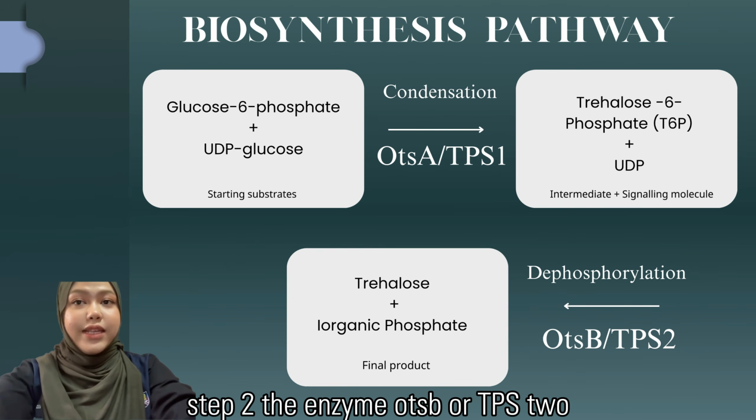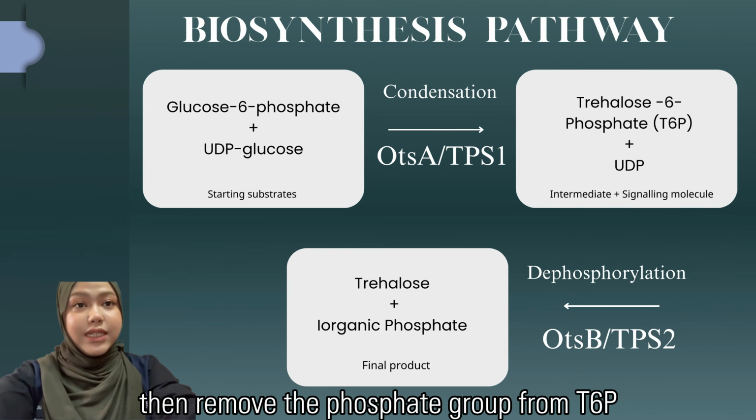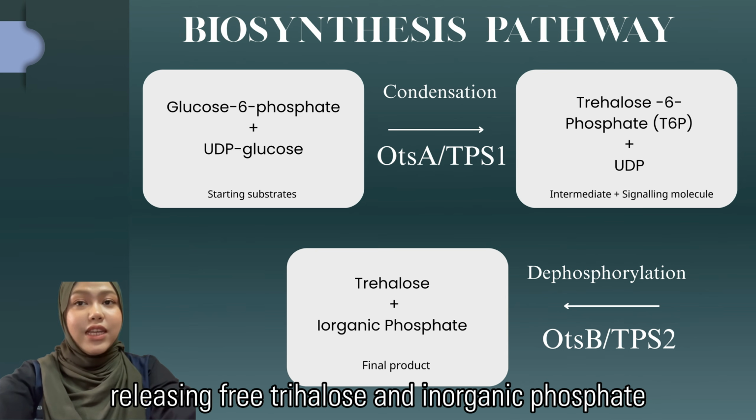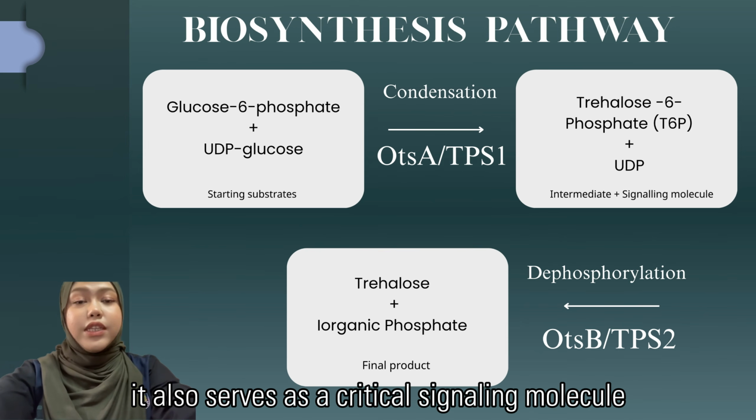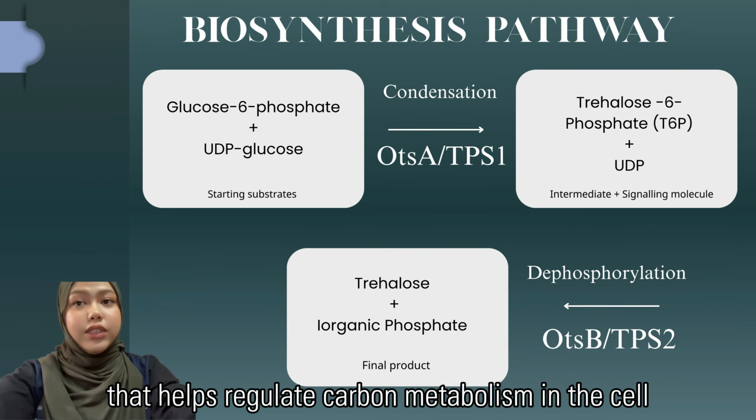Step 2, the enzyme OtsB, or TPS2, then removes the phosphate group from T6P, releasing free trehalose and inorganic phosphate. One crucial point: T6P is not merely a precursor, it also serves as a critical signaling molecule that helps regulate carbon metabolism in the cell.